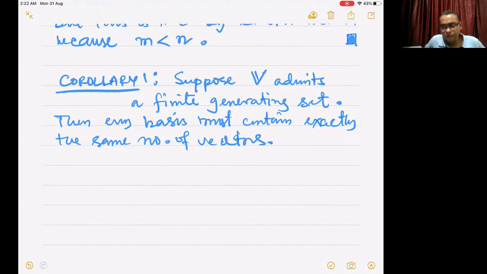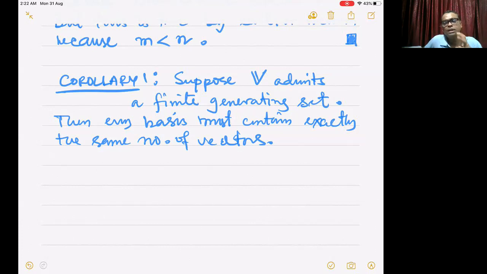So which means if there is a basis, then that basis must have finitely many elements, right? Because the generating set is finite. So any set having more than that number of elements cannot be linearly independent, but a basis has to be linearly independent. So a basis has to be finite.